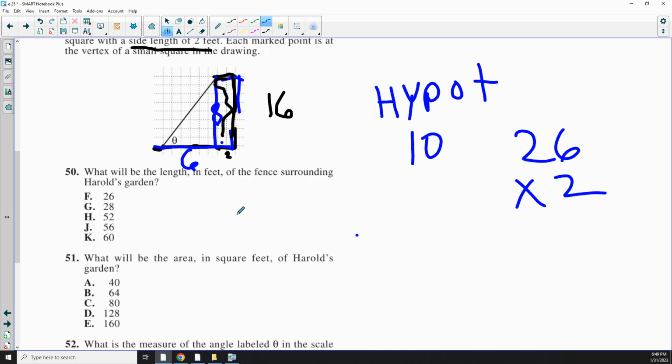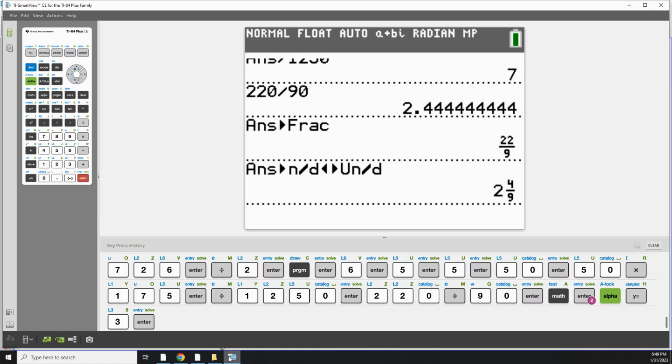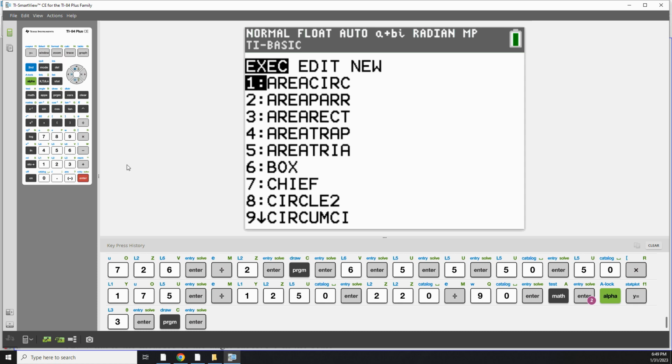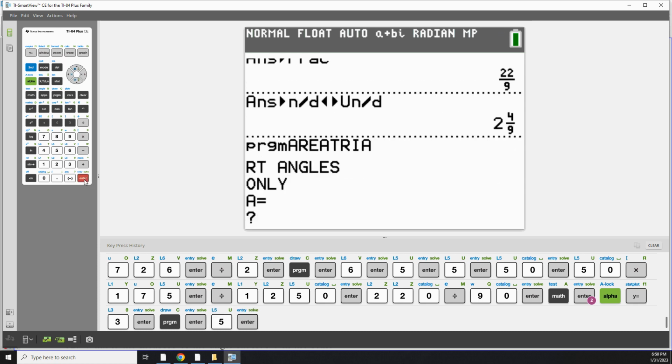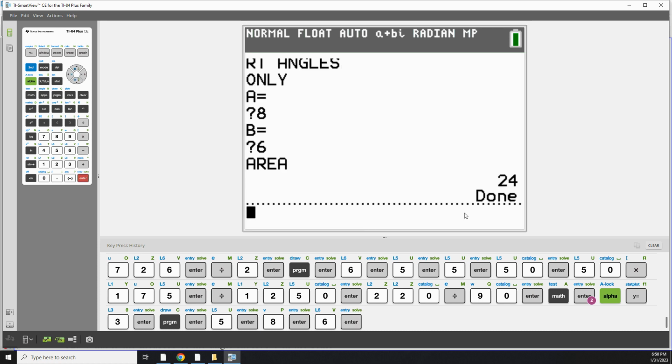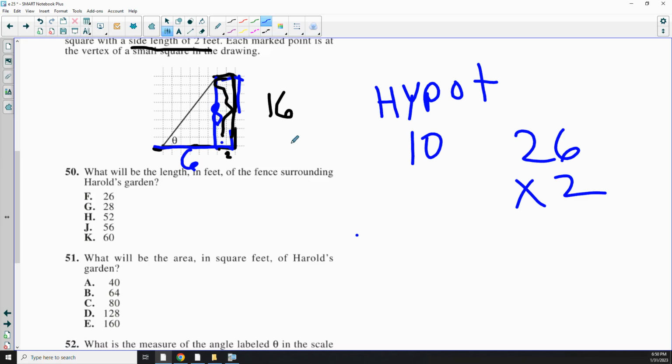And then the triangle would be 1/2 times 6 times 8, or my program for area of a triangle. The base and height are 6 and 8, so the area would be 1/2 of that product, 24. So we've got a 16 on this and a 24 on that. Add them together, and the area of the garden is 40.